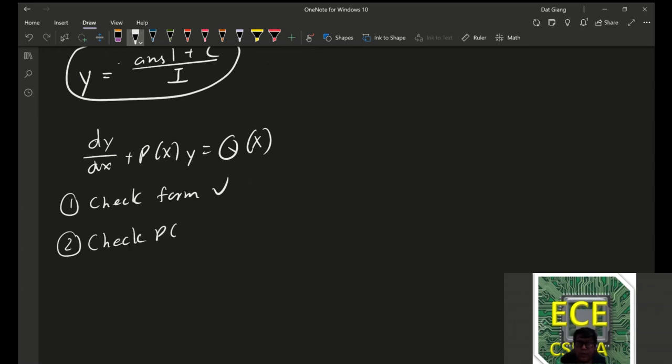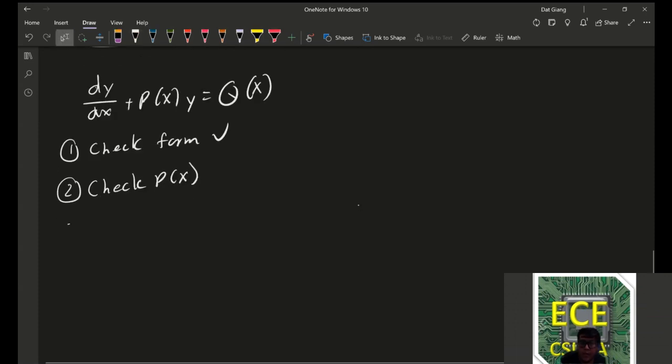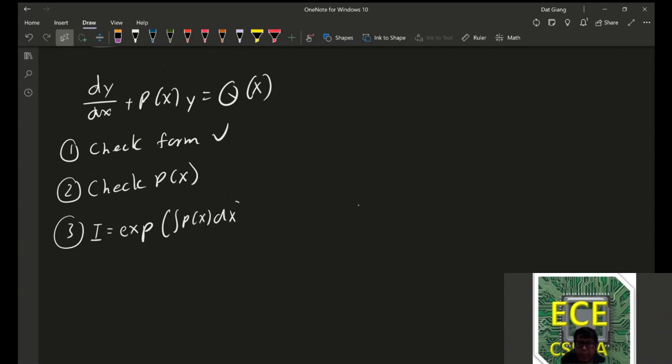What is p of x? It's usually given in the problem. Number 3, we find our integration factor, which is given by the following. Number 4, simplify down to d/dx of I y equals I q of x.